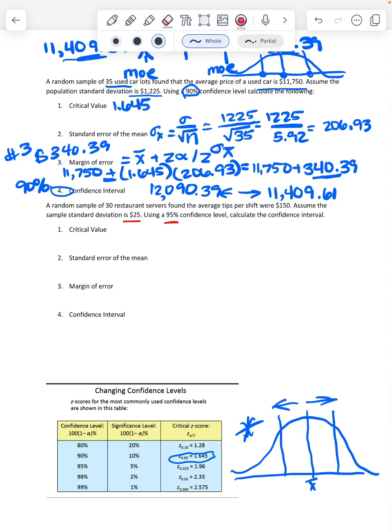So down here, you're going to look at what your, based on 95% it would be 1.96. So 1.96 is going to be my critical value there. The confidence interval is going to be 95%. Okay.